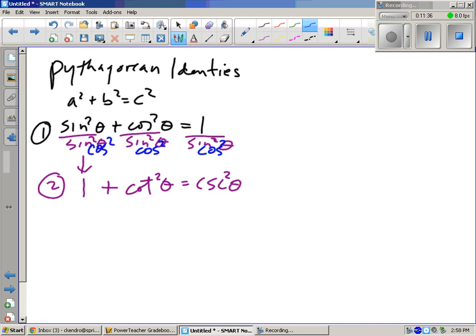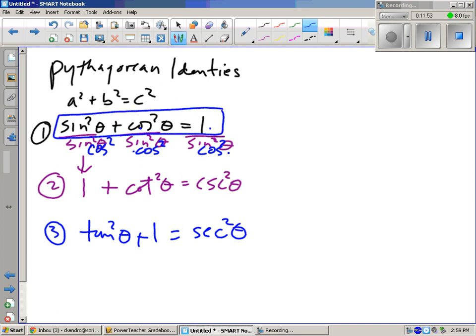So sine squared over cosine squared is tangent squared. Cosine over cosine is 1. And 1 over cosine, the reciprocal, is secant squared. Okay, so the only one you really have to memorize is this one, because you can do this division thing to get the other two versions. So you are going to have to memorize those.